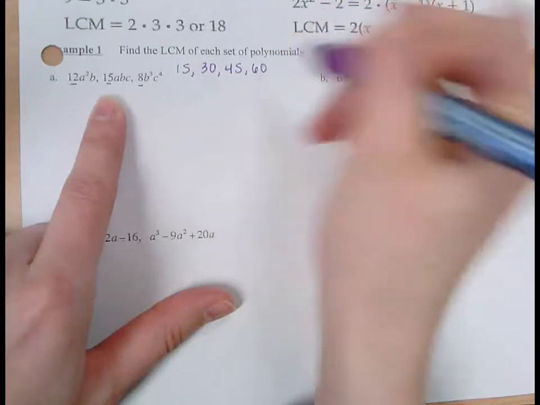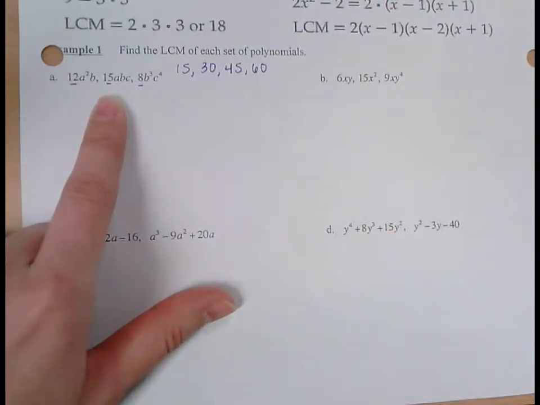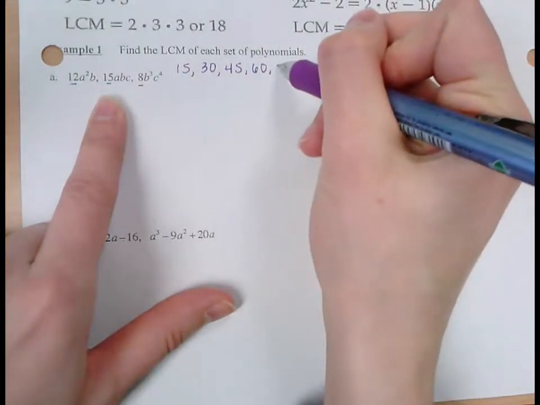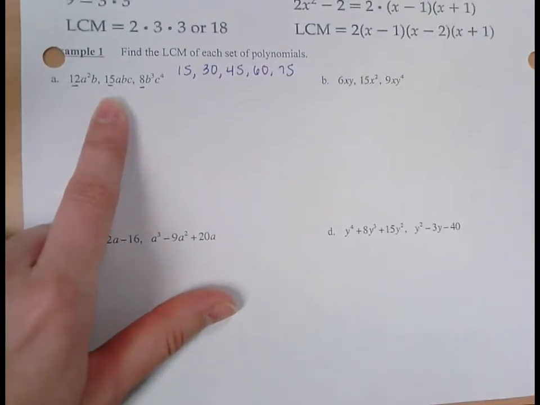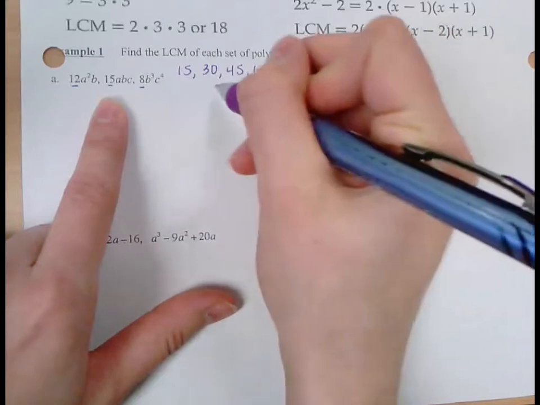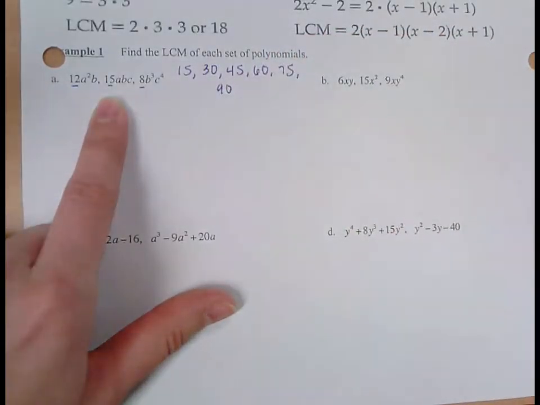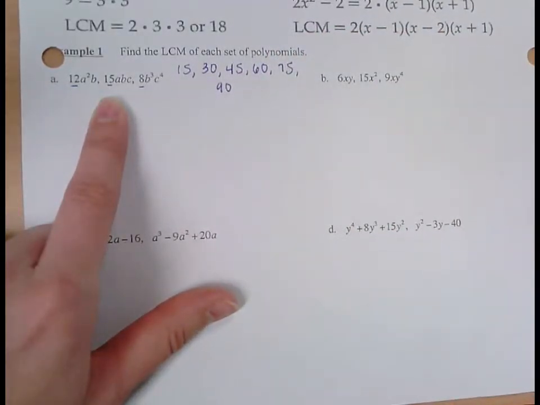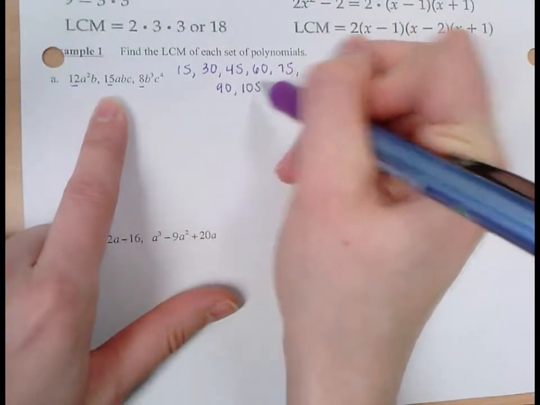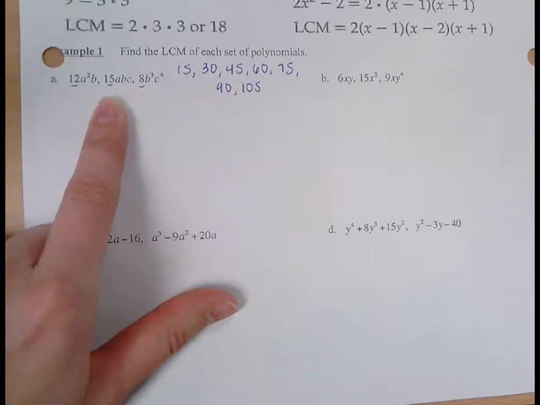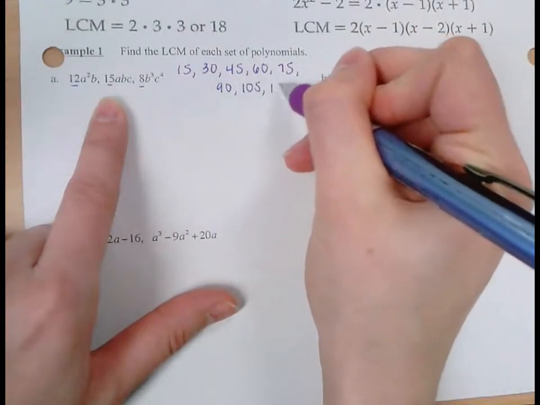Next multiple of 15 would be 60. 12 goes into 60. 8 does not go into 60, so I have to keep going. 75. 12 and 8 do not go into 75. 90 would be the next one. 12 and 8 don't go into 90. 105 would be the next one. 12 and 8 don't go into 105. 120.